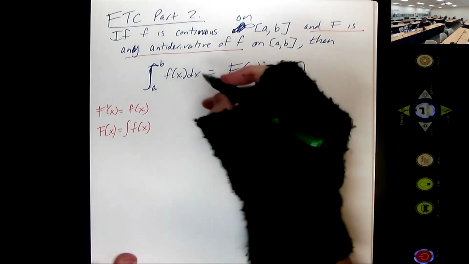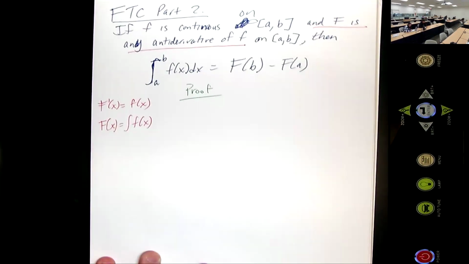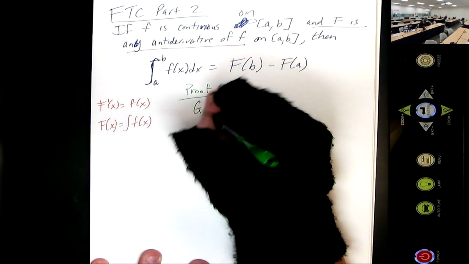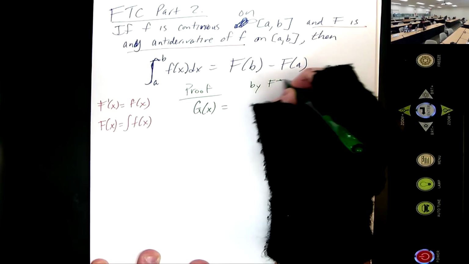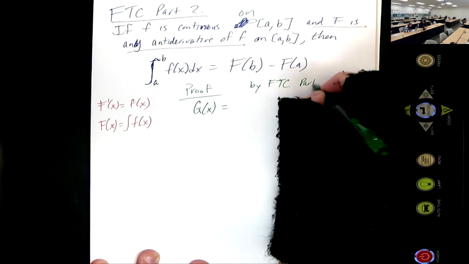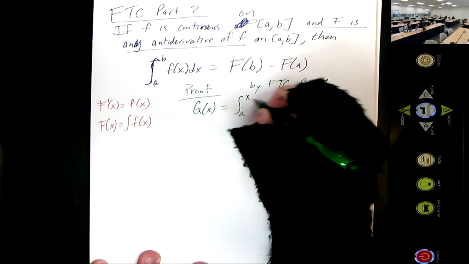Let's do a formal proof of why this works. Let's say, by FTC part 1, G of x equals the integral from a to x of f of t dt.